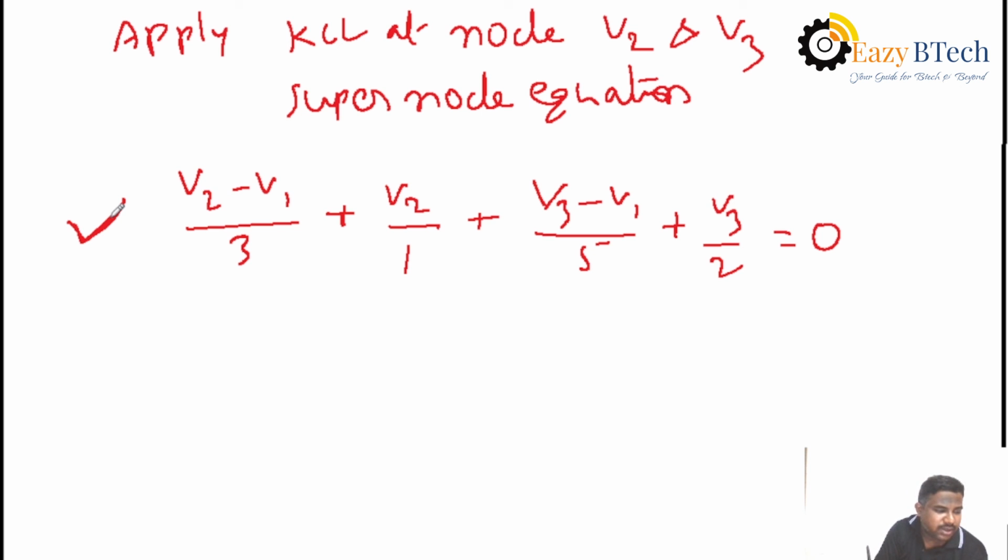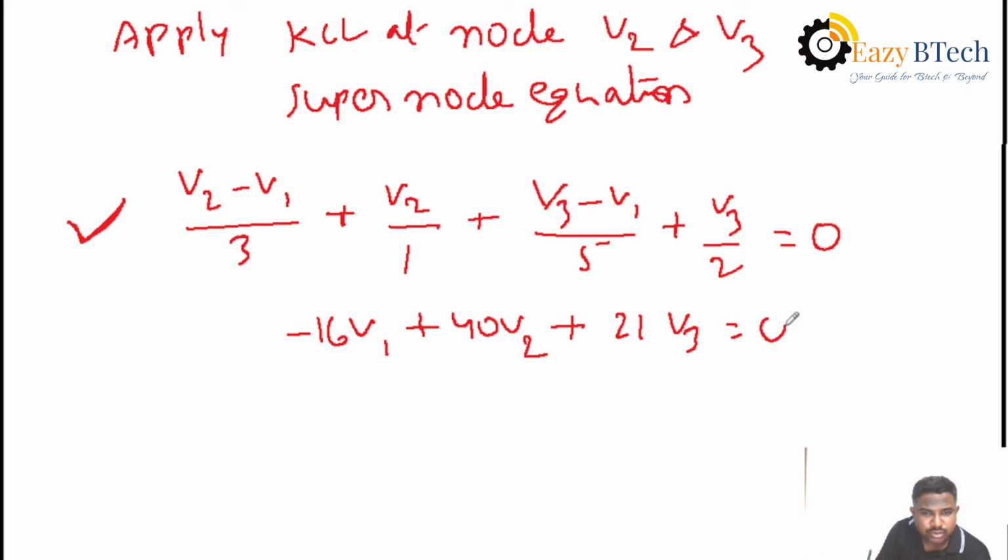Then simplify the equation, you will get minus 16V1 plus 40V2 plus 21V3 equals 0.